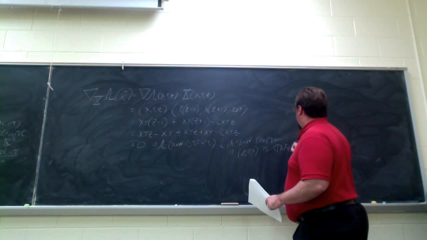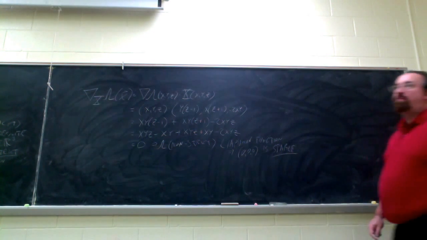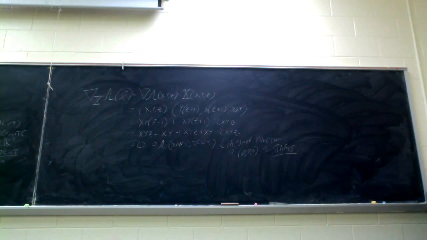Not asymptotically stable, but stable. So in other words, it's acting like a possible center, where nearby solution curves tend to orbit around it. All right, so that's that example. Questions about that example?